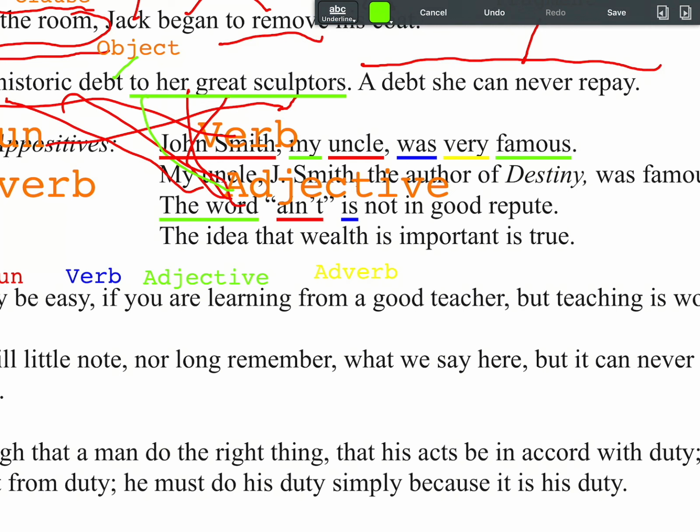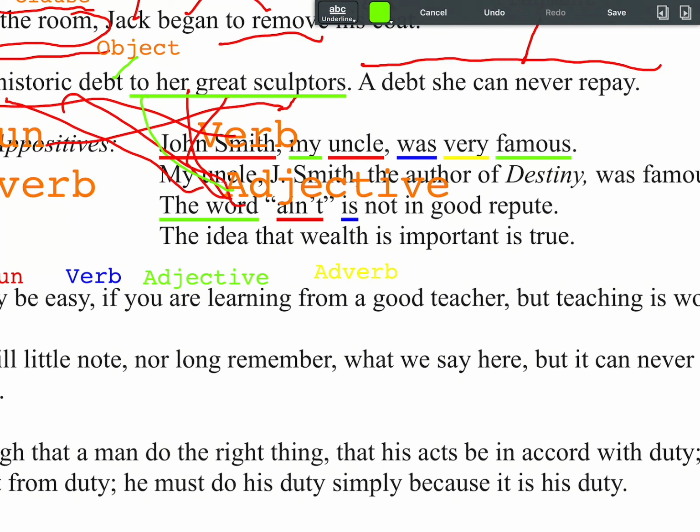But how do you break it down? So good modifies repute. Not modifies repute. Because rather than having repute, it doesn't have repute. So that tells us about the type of repute. It's like reverse repute, or lack of repute. Like it has a low amount of it instead of a high amount of it. So I think that not is telling us about the repute.